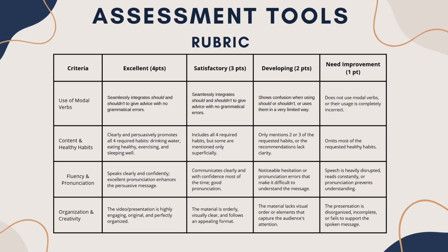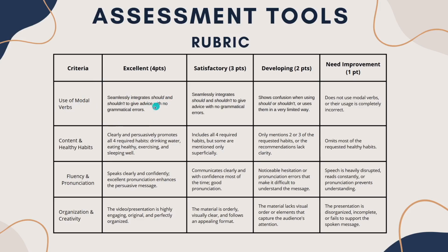The rubric helps us to measure the performance in an overall way, in which we can analyze all the aspects of the student's performance, such as the use of modal verbs, content and healthy habits, fluency and pronunciation, and organization and creativity.